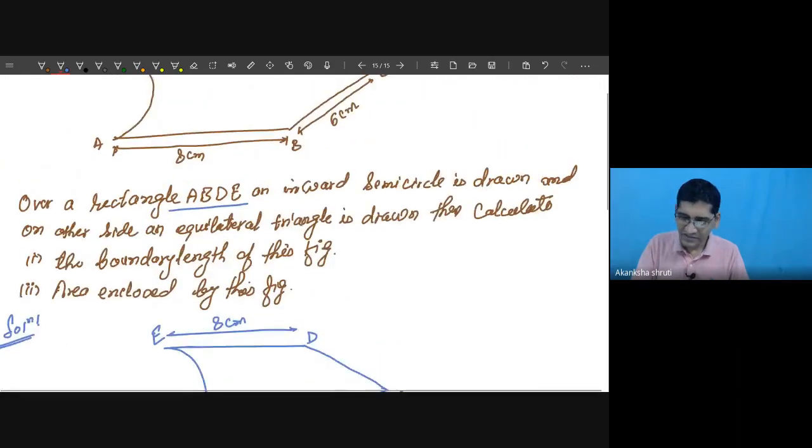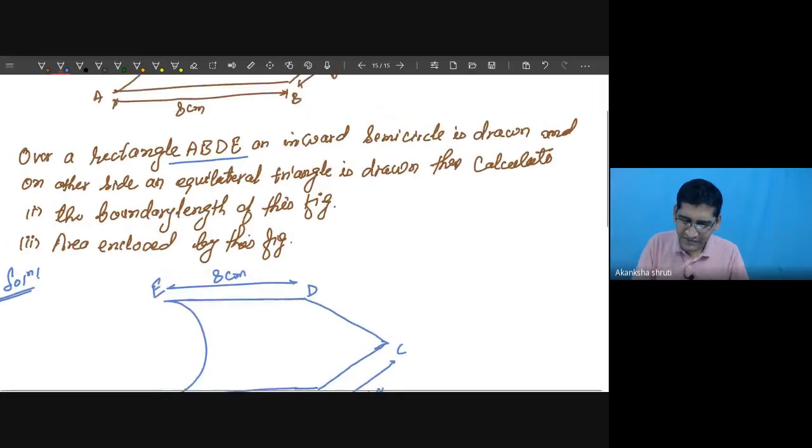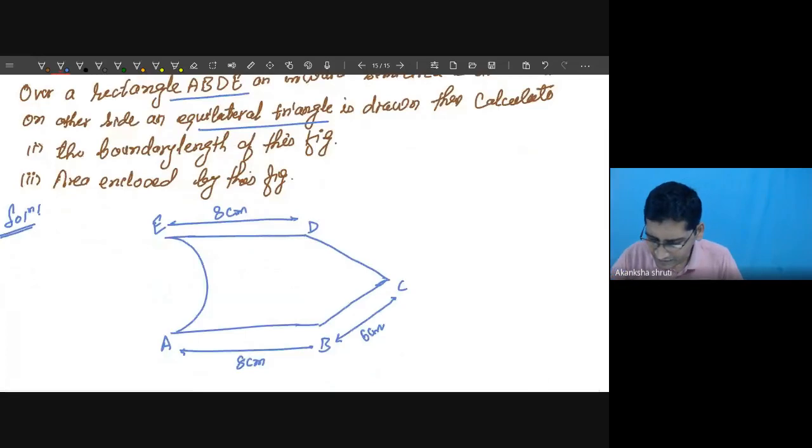And on this side there is a semicircle and equilateral triangle. Equilateral triangle means this much length will also be your 6 centimeter. It gives the idea that this length is also 6 centimeter.